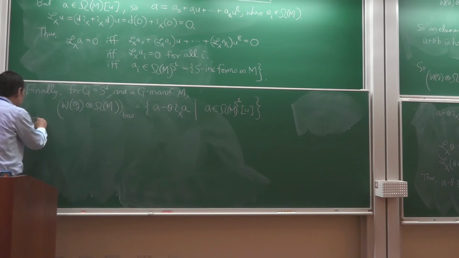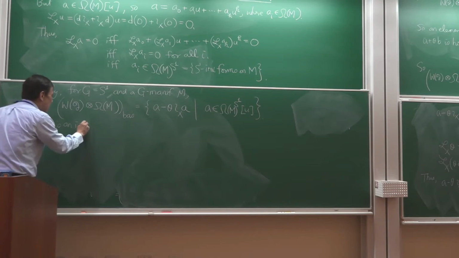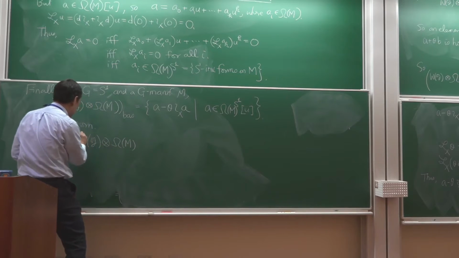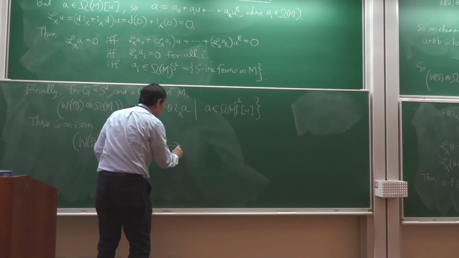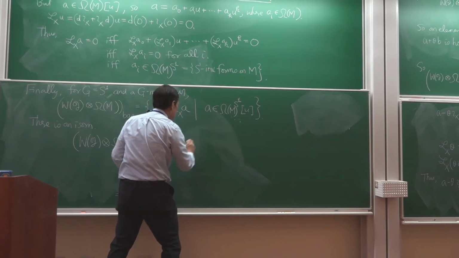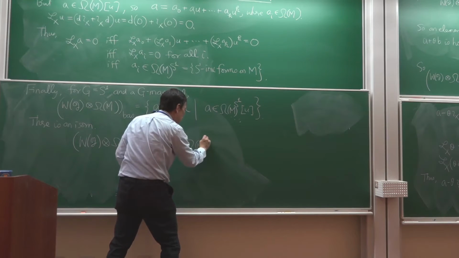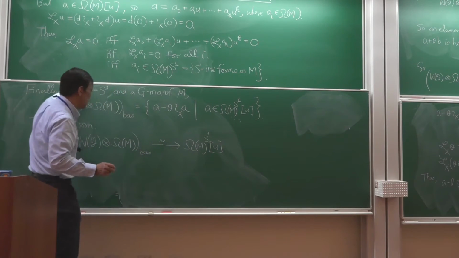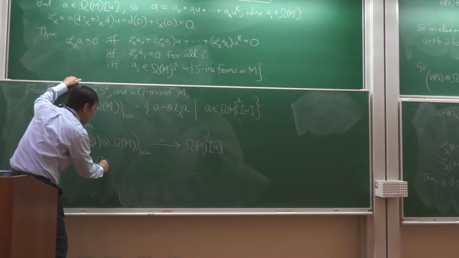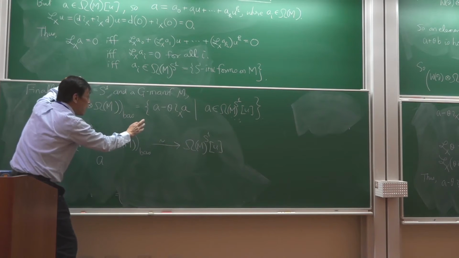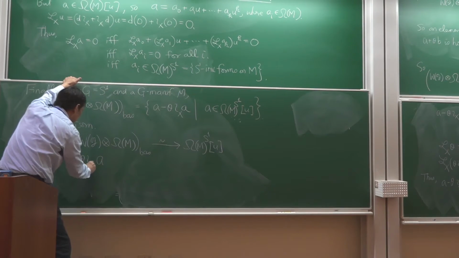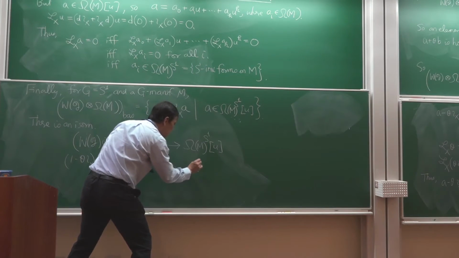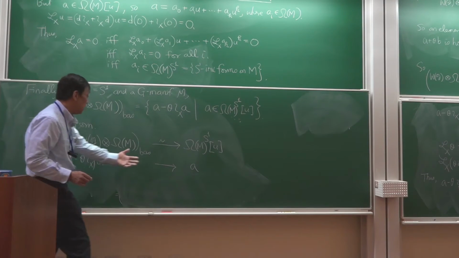And so there is an isomorphism from the Weil model to this space, the space of polynomials in U with coefficients in the S1 invariant forms, where you send A minus theta I_X A to A. And then you can go backwards.